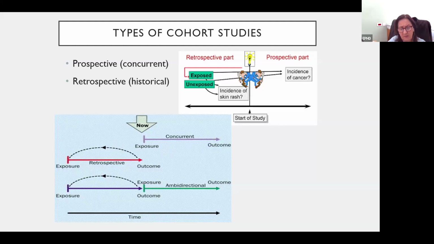So I go back, and I can follow and see now what they feel like, what's happening to them. So the exposure is retrospective, it's historical. Historically, they were in the southern suburb in 2006.